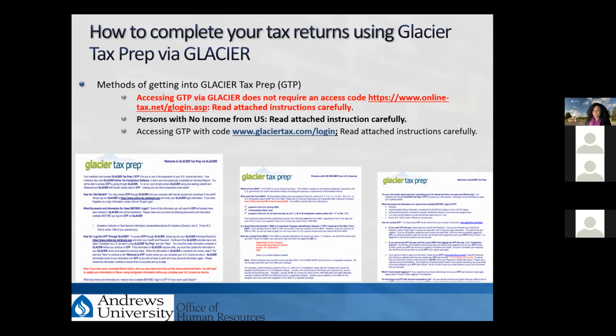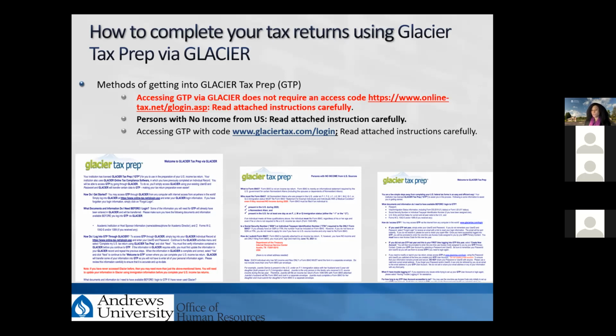And then last year we were able to acquire Glacier, which is also from the same company. Basically, they are going to help streamline this process even better for us. So the method for filing our taxes this year is going to be through Glacier Tax Prep.